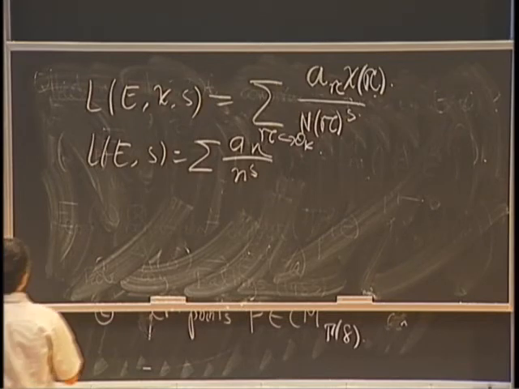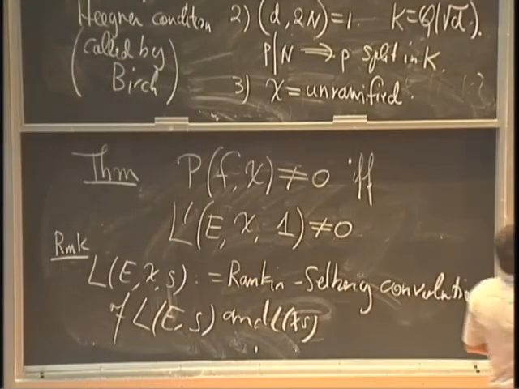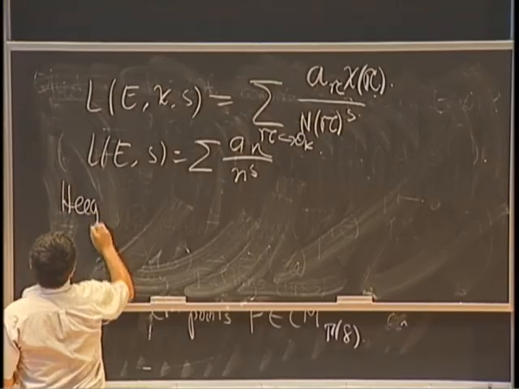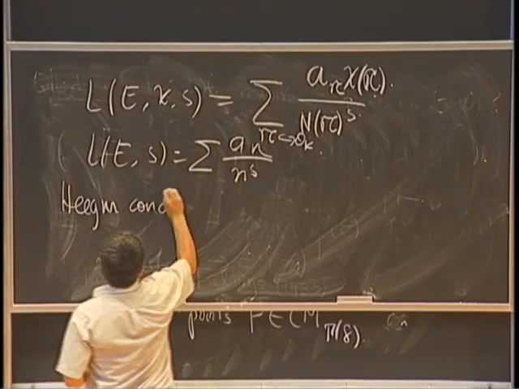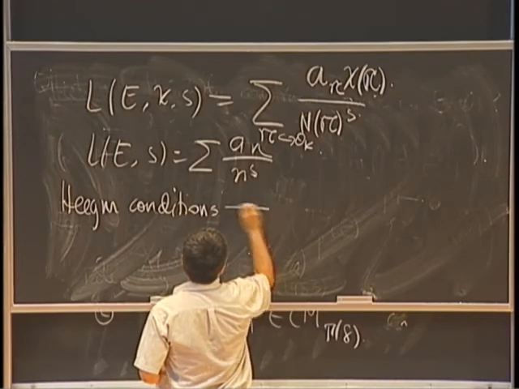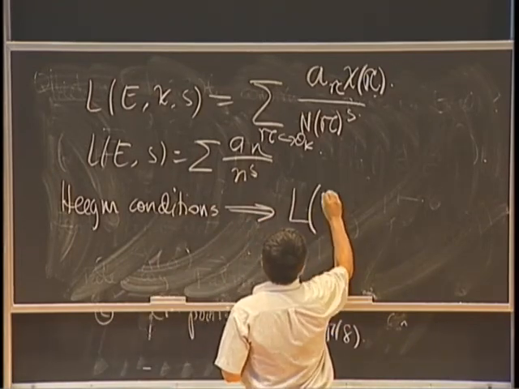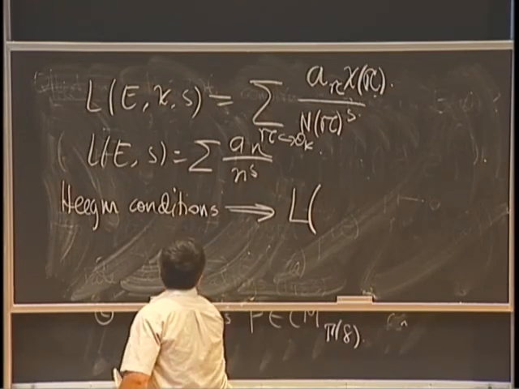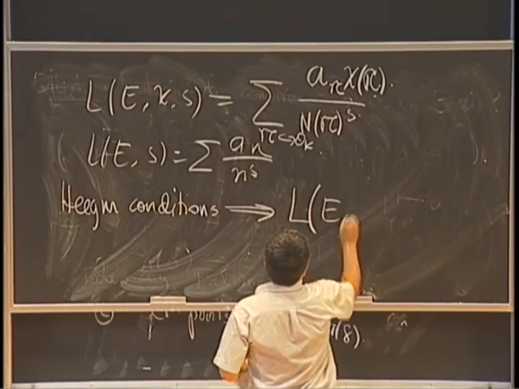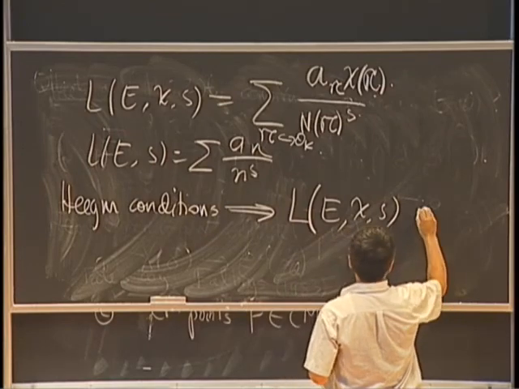And the Heegner condition, let me write down these remarks. This is not part of the theorem. I just explained that the Heegner condition implies that this L_E(chi, s) has an odd functional equation.